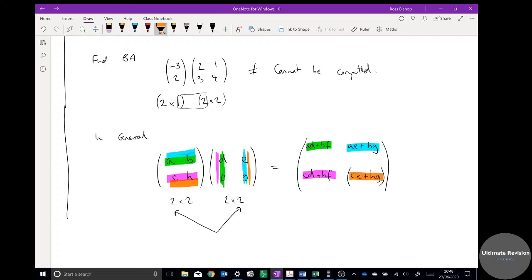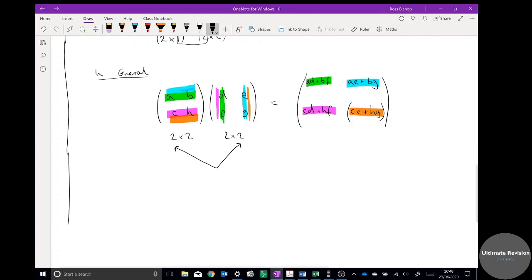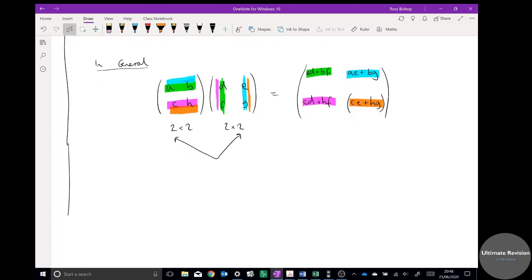So that's how you work it out in general, and you can always use numbers on your calculator to help you there. But sometimes they'll use algebra to force you to do it manually.